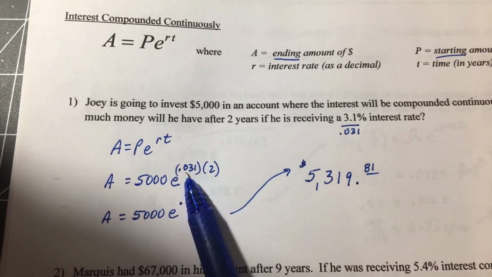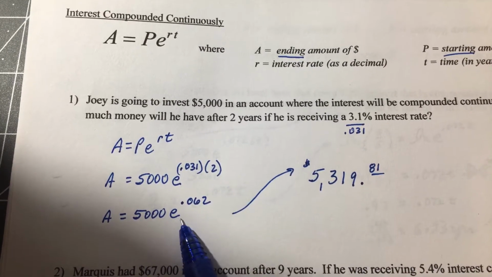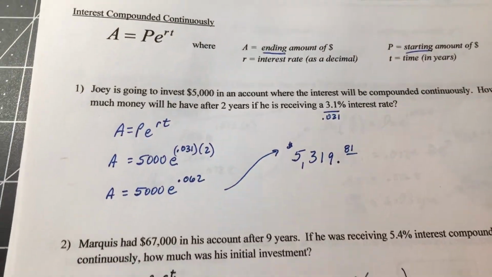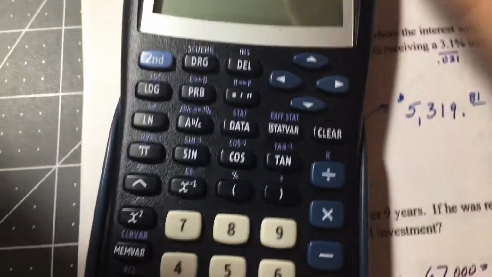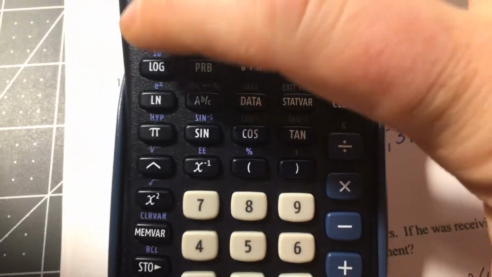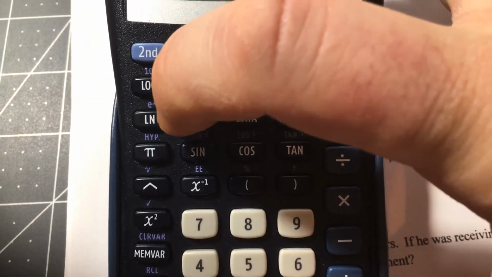Then I would clean up this decimal. I'd multiply those two and you get 0.062. Now you should be able to find an E button on your calculator. Let me find mine real quick. If you have a calculator like mine, it's right here above the LN button. See it right there?